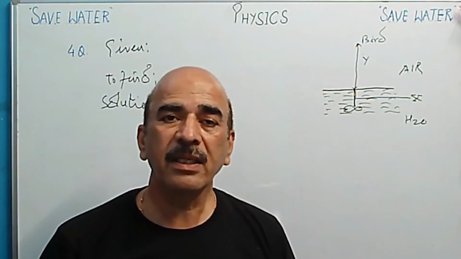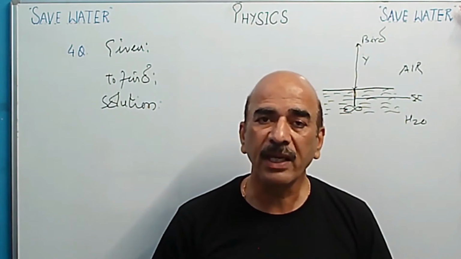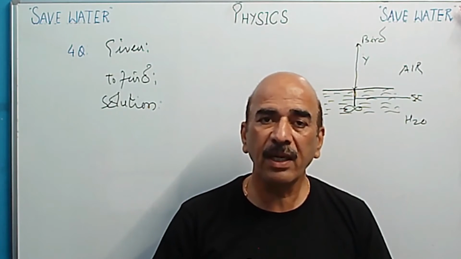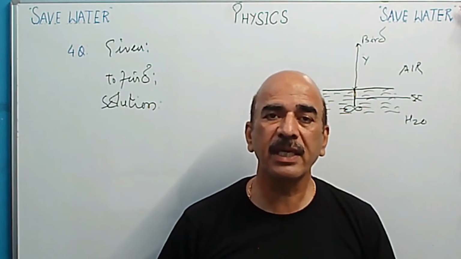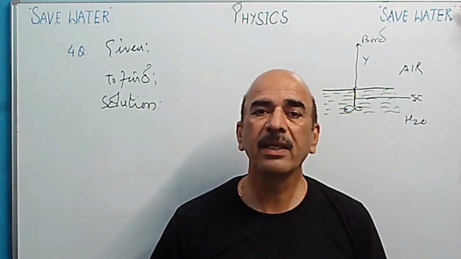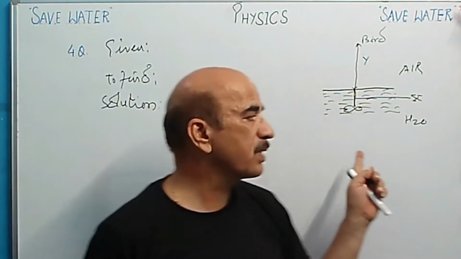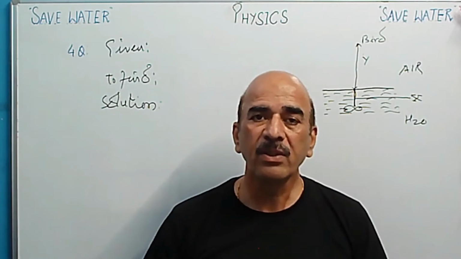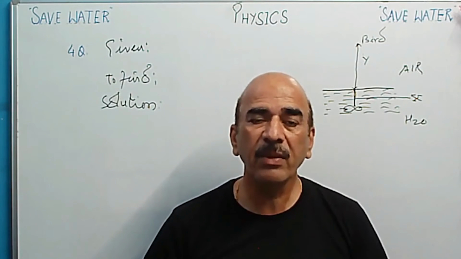So when bird is in air and fish is in water, the fish will appear to the bird at the same depth or at different depth? Yes, Sparsh is saying, sir, it will be at a different depth. So that depth will be, yes, apparent depth. Because fish is in water and water has its own refractive index, the fish will appear to the bird slightly raised above the actual depth.